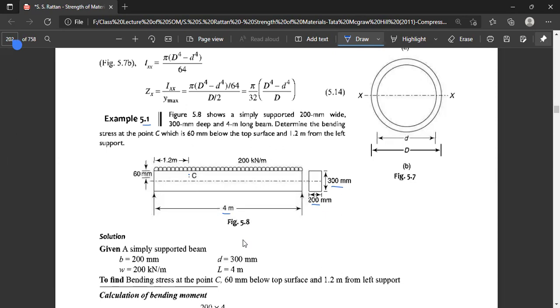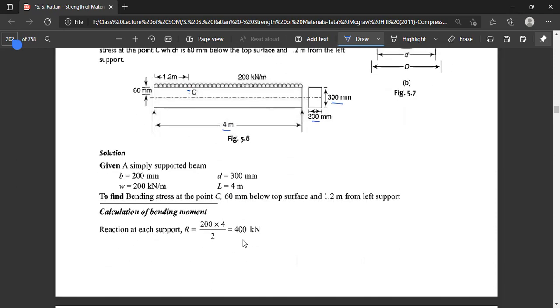To find the bending stress 60 millimeter below the top surface and 1.2 meter from the left surface. Here you see the point is given. It is 60 millimeter below the top surface and this point is situated at 1.2 meter from the left end. So you have to first calculate the bending moment.